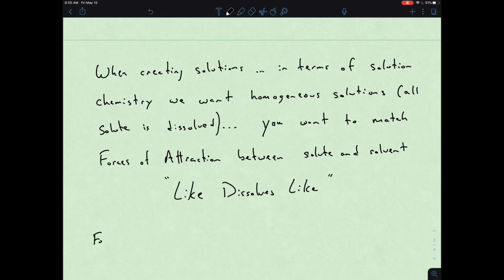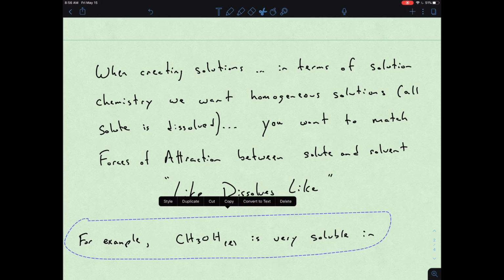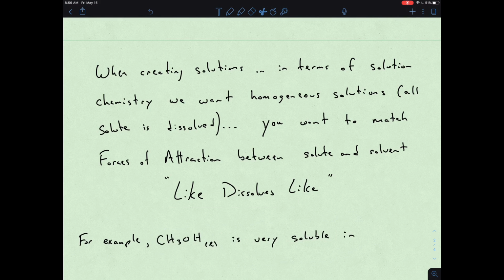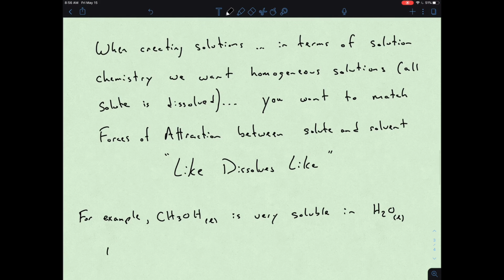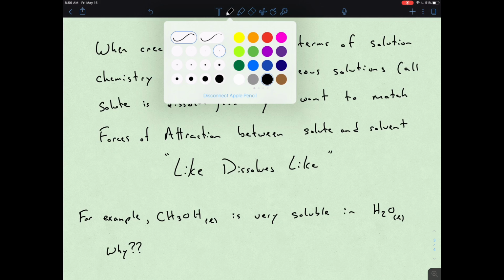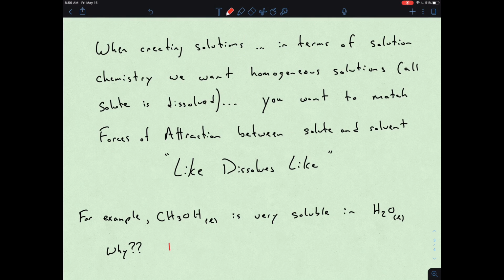For example, methanol is very soluble in water. And we could ask the question, why? And it's because they both have similar forces.